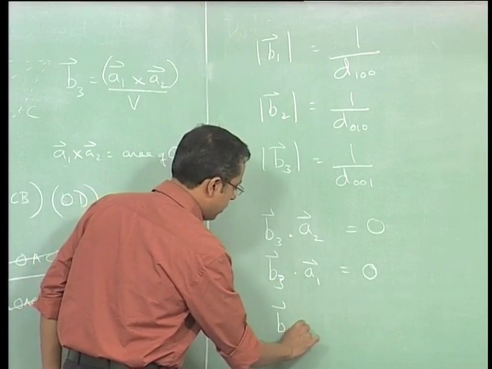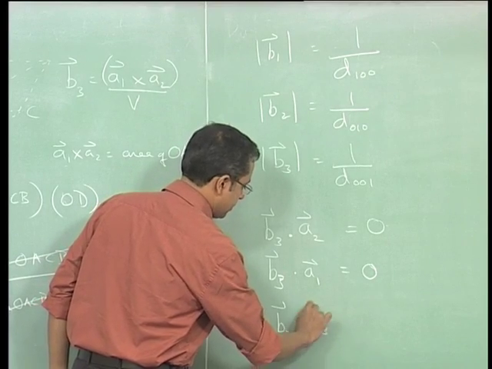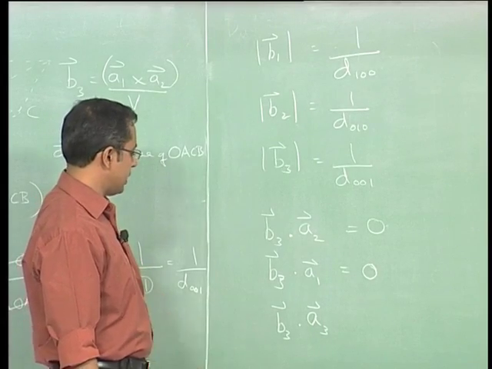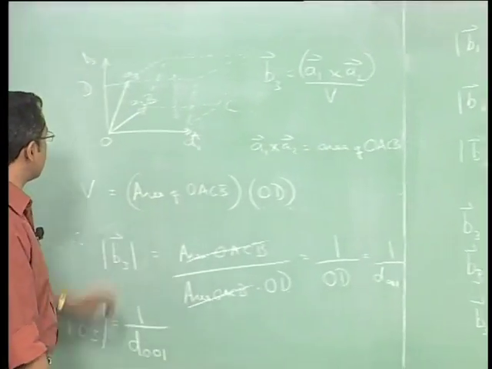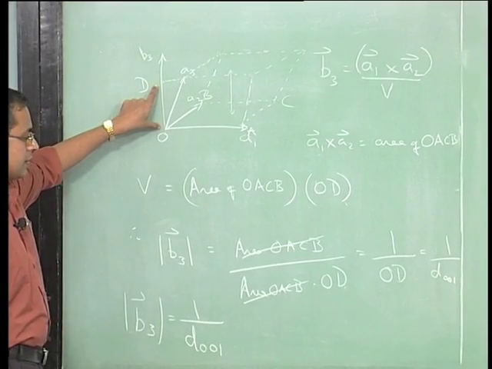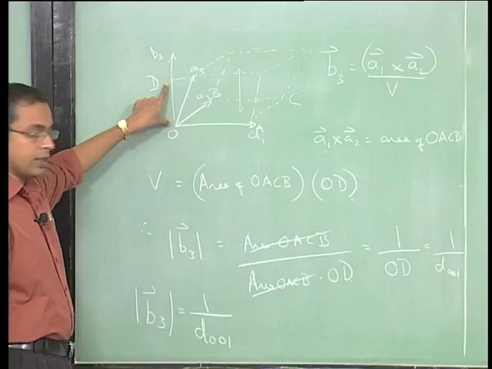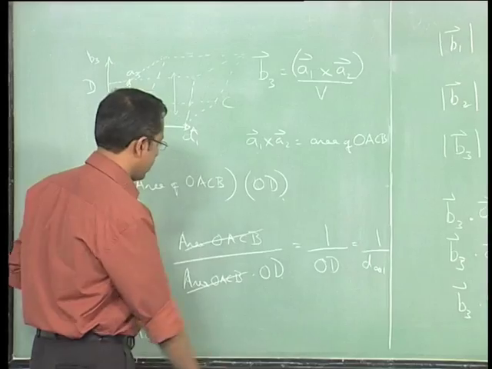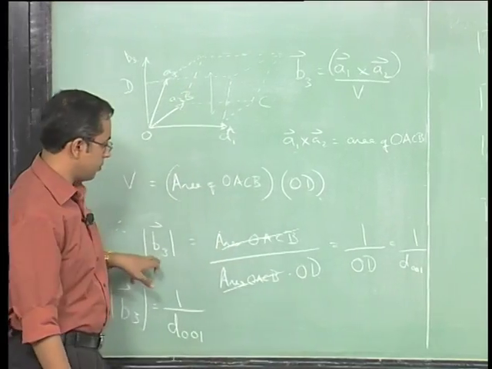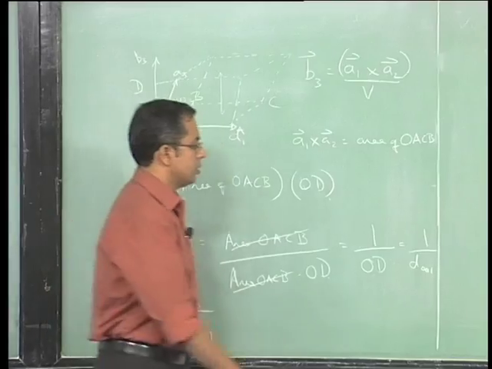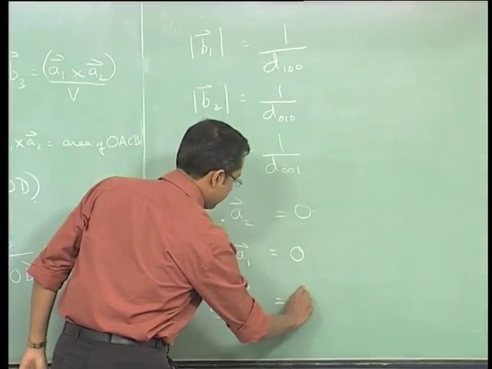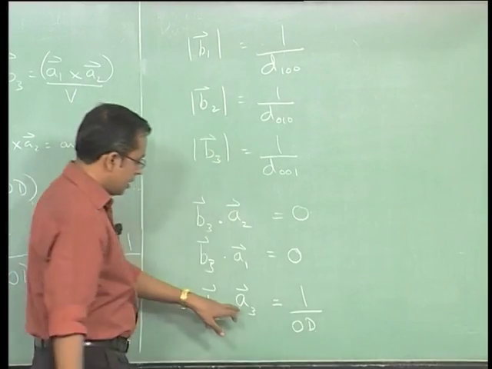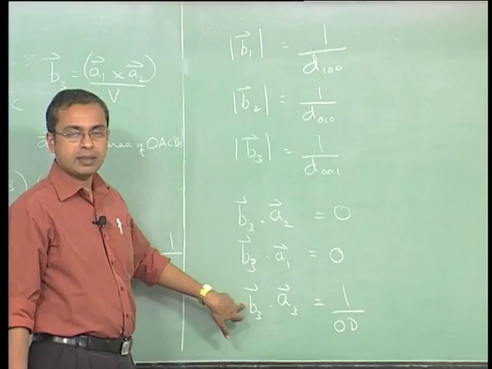If you look at B3 dot A3, okay, based on our definition, if you go back to the picture we have drawn here, B3 is 1 by the distance OD, which we just saw here, okay, modulus of B3 is 1 by OD, so this is simply equal to 1 by OD times the projection of A3 on B3, okay.